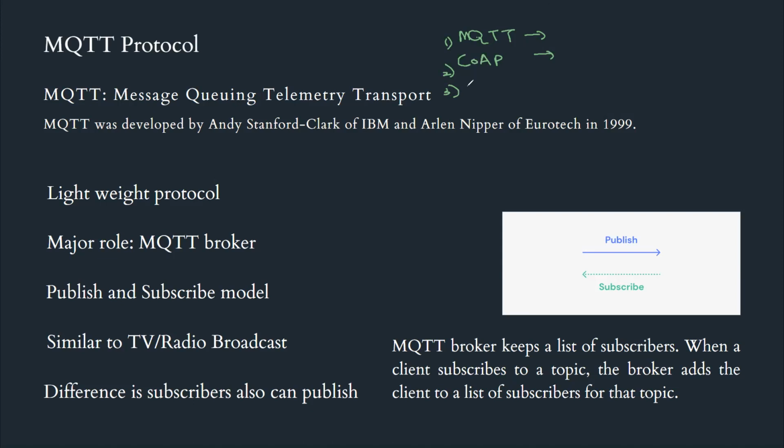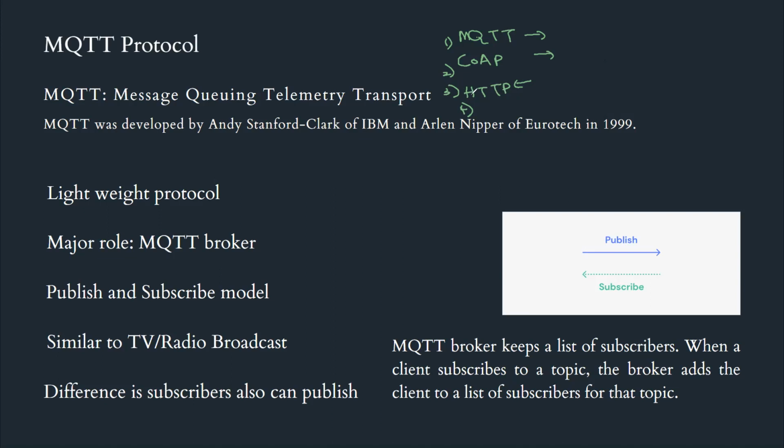When we talk about other protocols, the HTTP protocol is another protocol that is useful for IoT, where we are focusing on web browsing and obtaining resources from the web. So based on the application, we will be using that protocol.